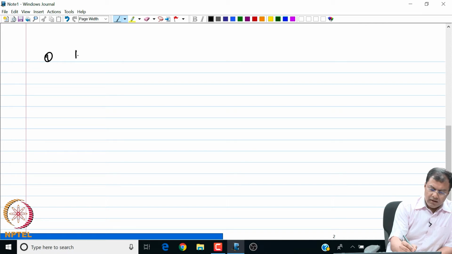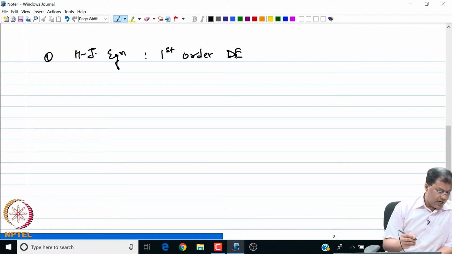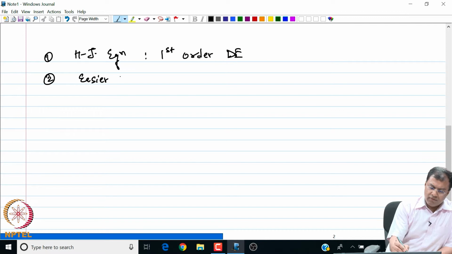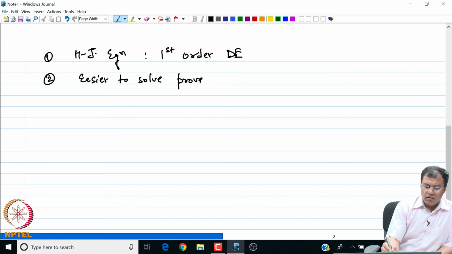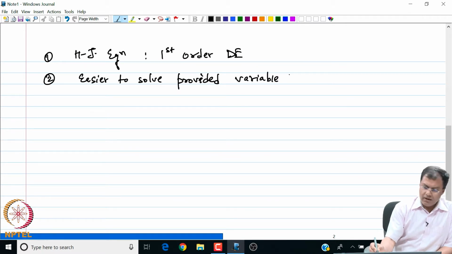First of all, as seen in the previous lecture, the HJ equation is a first order, nonlinear differential equation, and later on we will see that this equation is easier to solve, provided we are able to separate out the variables, provided the variables are separated.